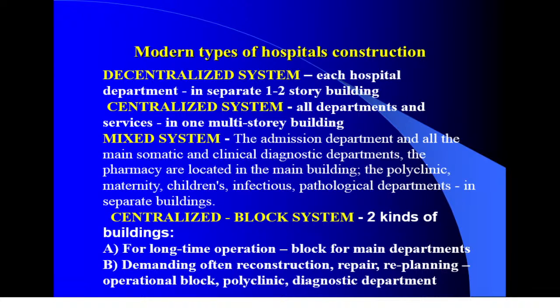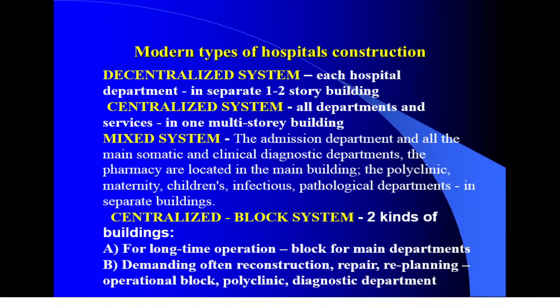Later, it became possible to build large multidisciplinary hospitals. The mixed development was modernized and became known as the block system. In a block system, all departments occupying independent buildings are combined into one common block and connected by passages.